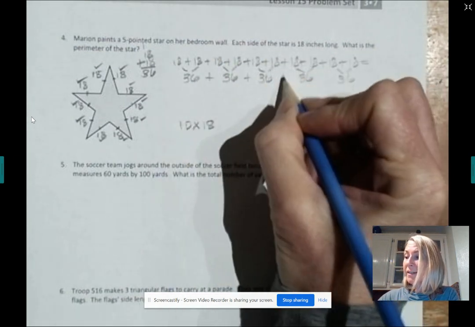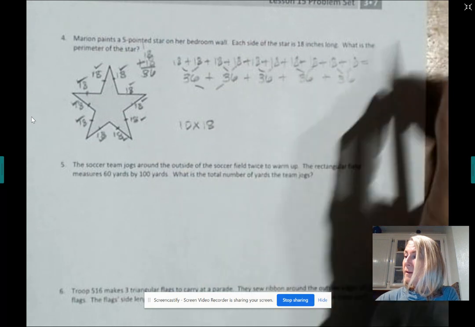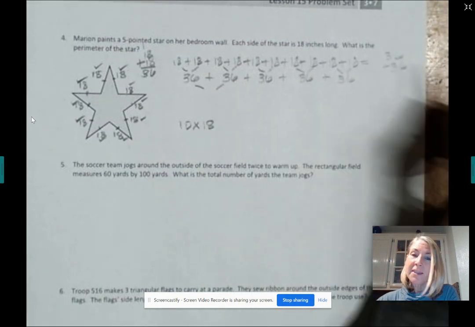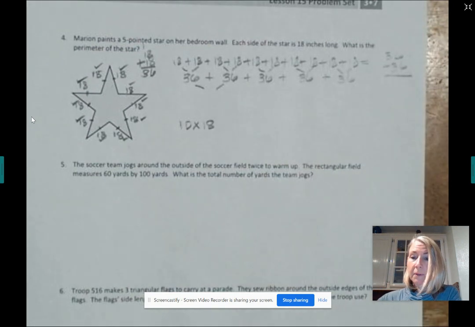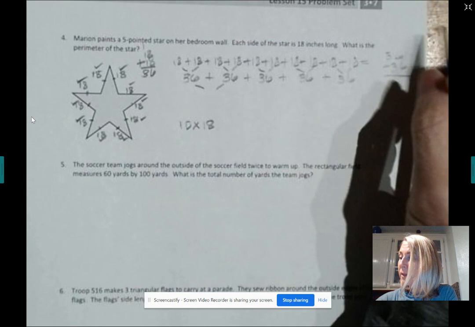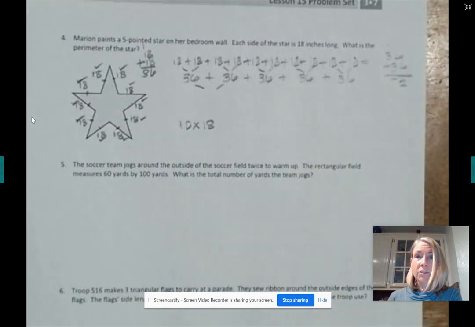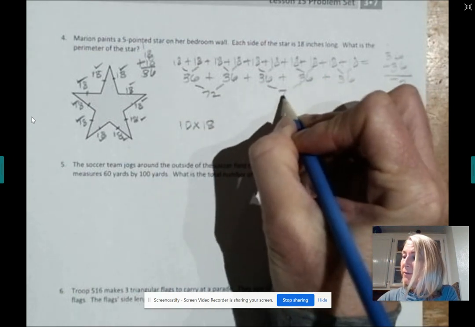Now this addition is going to be a lot of work, right? Let's keep going though, because we can do it. So I've got 36 plus 36. The one thing that is nice about this is that once you've done one calculation, it applies to the rest down the line. So that gives me 72. So this is 72. This is 72.